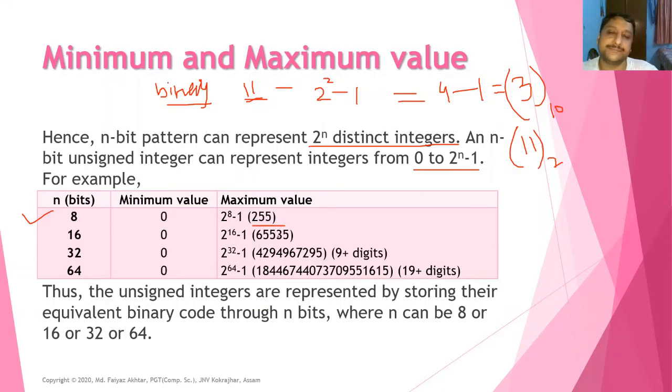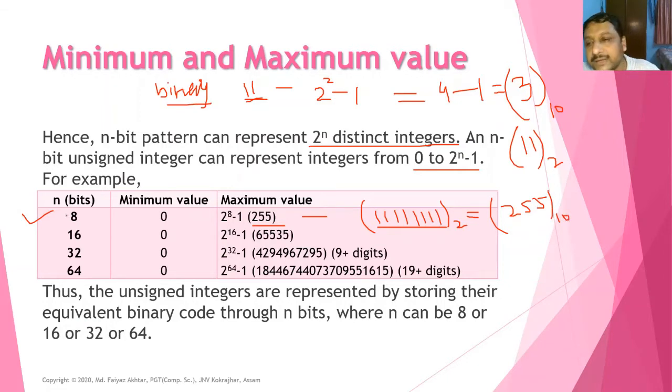That is equivalent to 1 1 1 1 1 1 1 1 in binary, which in decimal becomes 255.